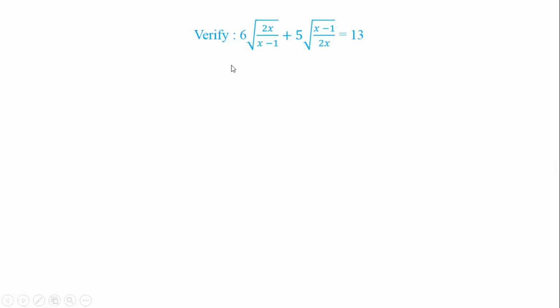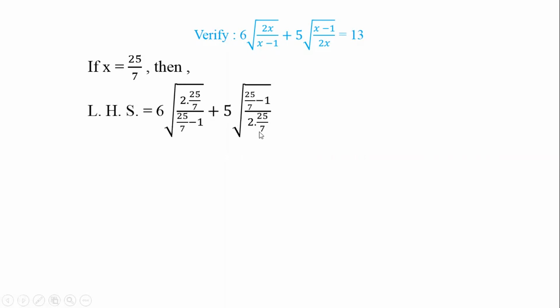But now we verify this equation using these solutions. If x equal to 25 by 7, then we get the left hand side as this term. After calculation, we get this term because 2 into 25 by 7 equal to 50 by 7, and x minus 1 equal to (25 minus 7) by 7.